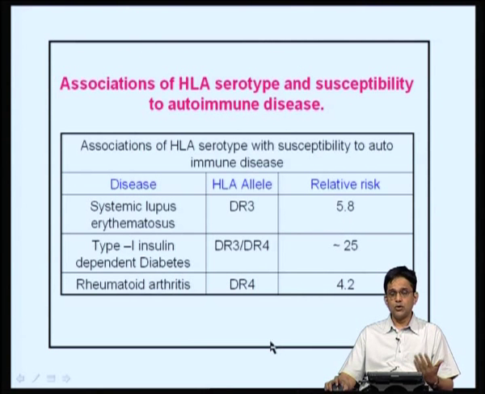The other example of a very high risk is insulin dependent diabetes, where the insulin producing cells are destroyed by T cells. Again, there is a big association with the DR3 and DR4 MHC class 2 molecules.